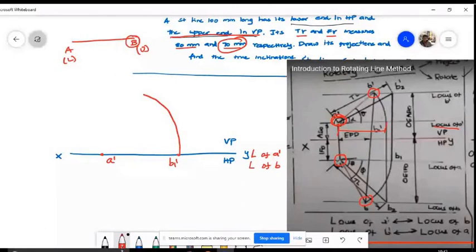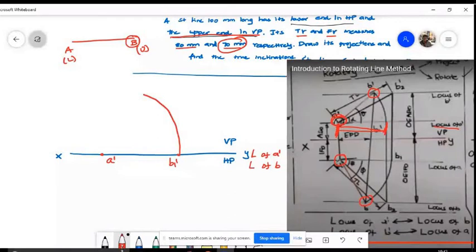Which point? That B1 dash. So how does the B1 dash come here? See, look, B2 dash, B dash, B1 dash. In the locus of A dash line, this distance measures the front view length. Because what happens is you project and then rotate, right?